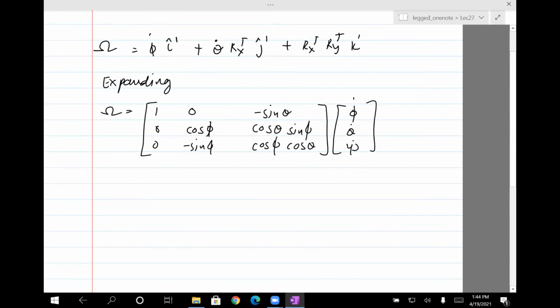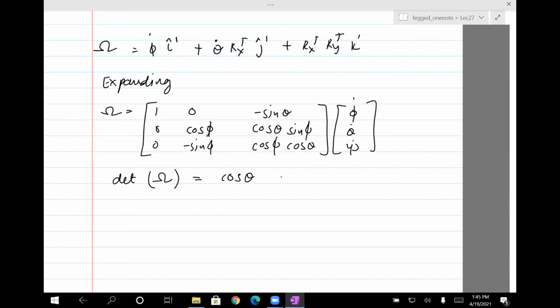And then if you take the determinant of omega, you will see that it again equals cosine theta, which is equal to 0 when theta equals pi divided by 2, or 90 degrees, and that's where you get a gimbal lock. So no matter what you do, in the body frame or fixed frame, you end up with a gimbal lock when theta is pi by 2.